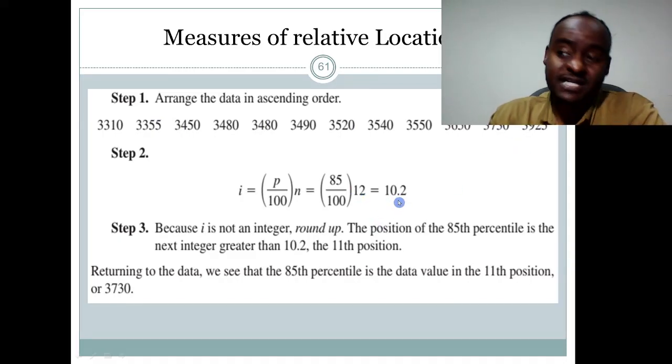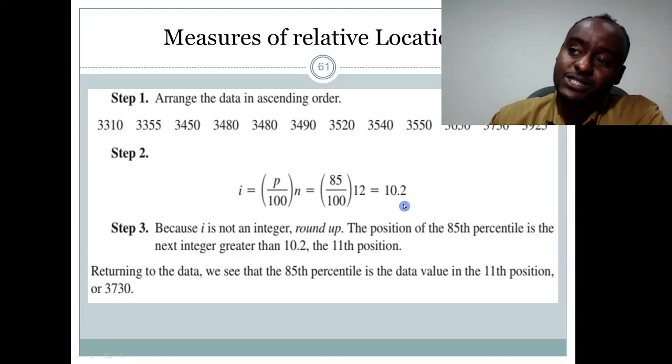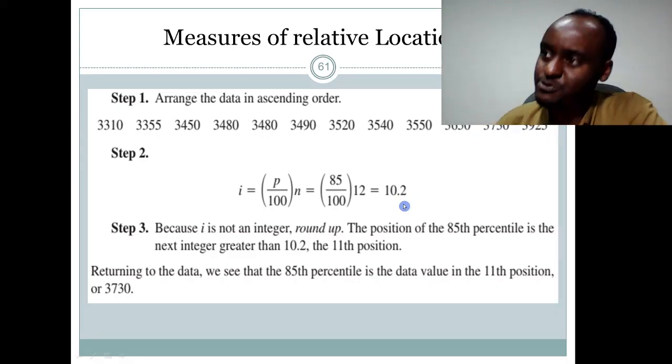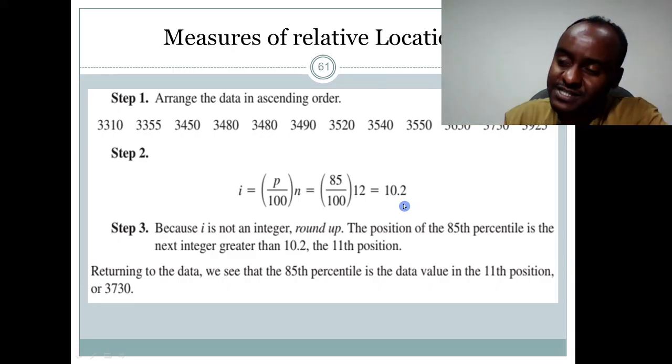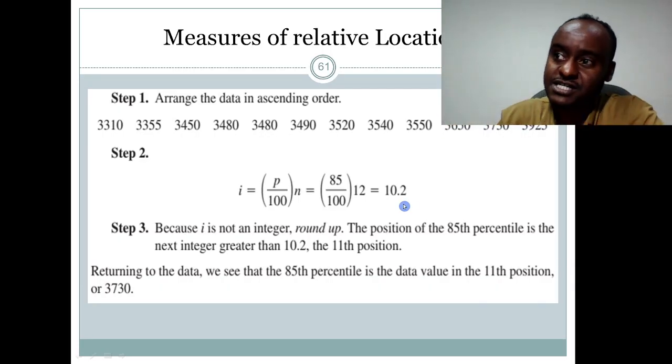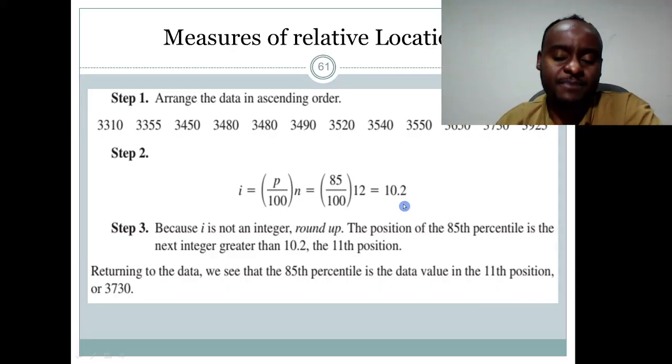Then we get 10.2. This is not an integer, it has a decimal point, so we need to round it up to the next integer, which is 11. Therefore, 11 is the position where you can get the 85th percentile.